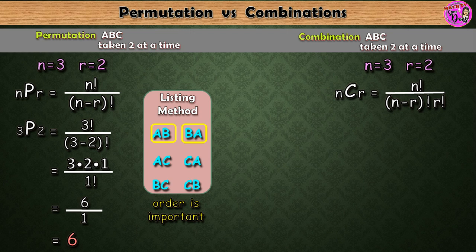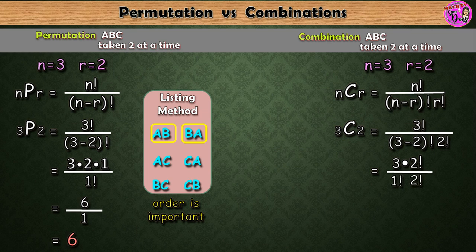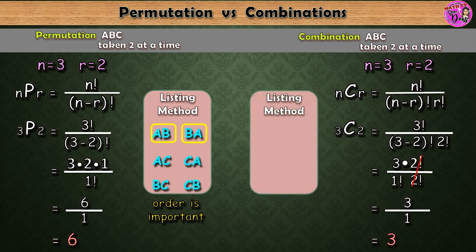Plug in the values: combination of 3 objects taken two at a time is equal to 3 factorial all over quantity 3 minus 2 factorial times 2 factorial. Simplifying it, we have 3 times 2 factorial all over 1 factorial times 2 factorial. Cancel out 2 factorial. We are left with 3 divided by 1 factorial. So 3 divided by 1 is equal to 3. Therefore, there are 3 ways.